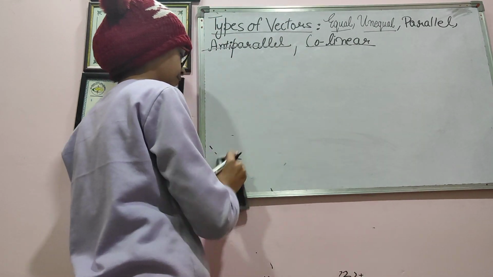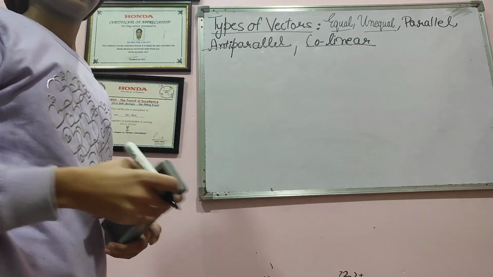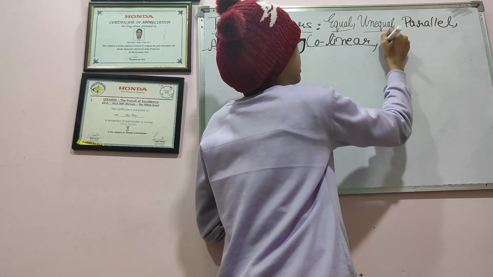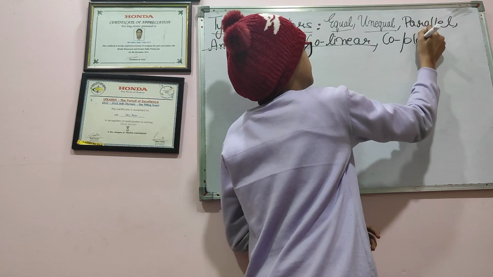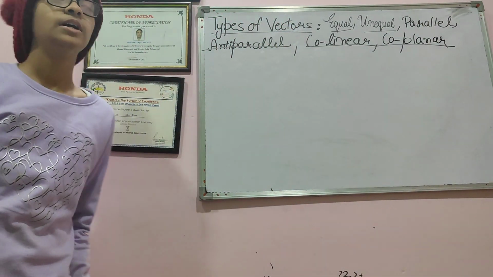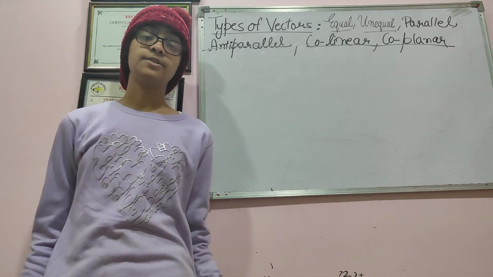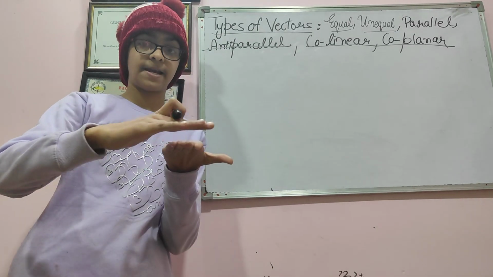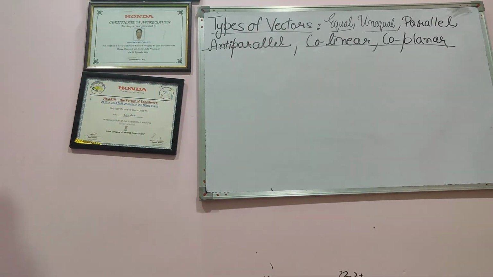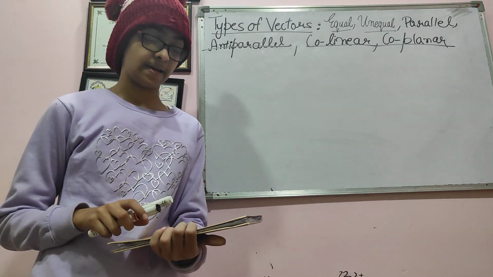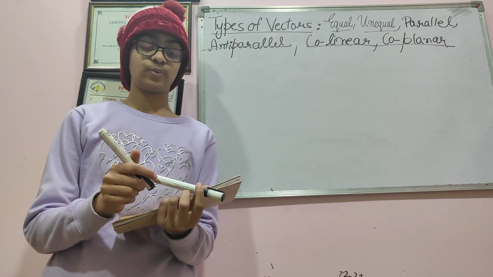Next, we have coplanar vectors. There is an interesting thing about coplanar vectors. Coplanar: the vectors which lie on the same plane. This is the plane. I'll give an example. Imagine these are 2 vectors.